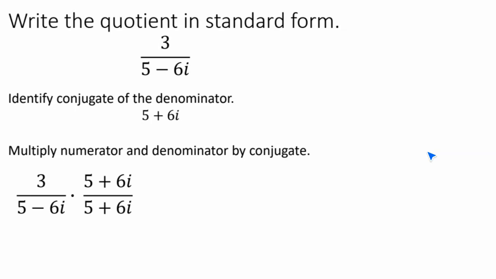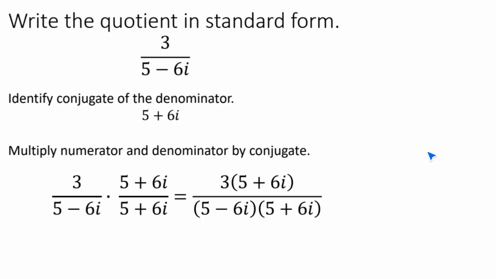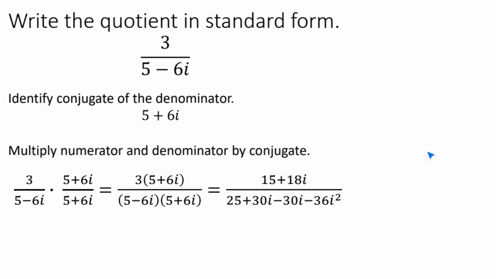All right, so the top is fairly easy, right? It's just distributing the 3 times the 5, 3 times the 6i, and then on the bottom we have again a FOIL operation, which we're going to multiply 5 minus 6i times 5 plus 6i. So if we go ahead and do this and simplify, the top is super easy. 3 times 5 is 15, 3 times 6 is 18i.